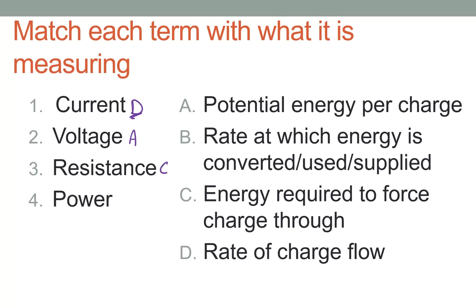Power, a topic from last semester, came in with the lowest correct answers. 3 people said power was the energy required to force charge through. That's not it, that was resistance. 2 people said the rate at which energy is converted. That is the correct answer.